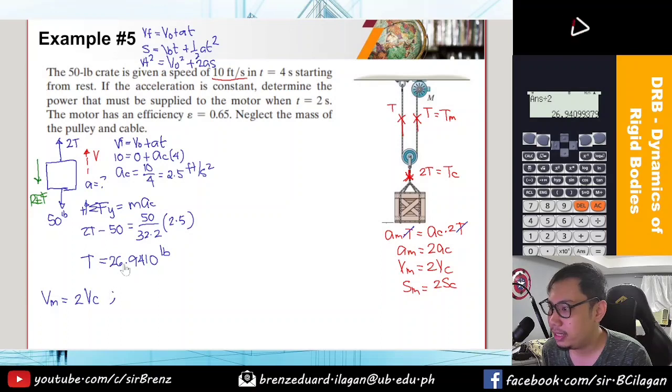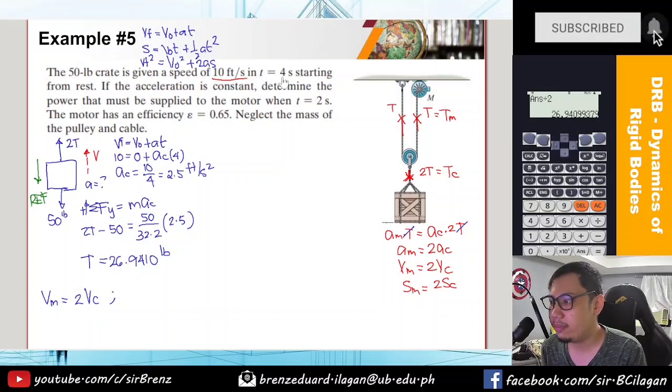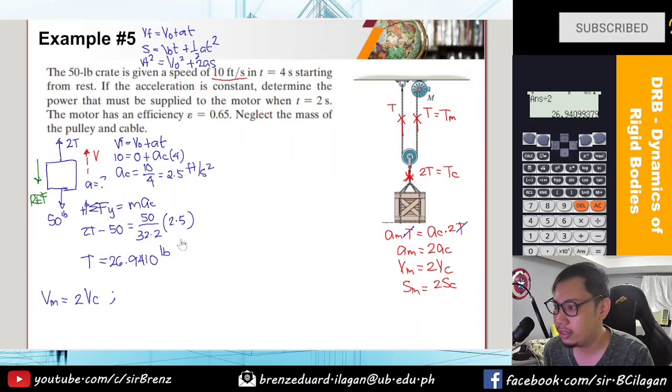Therefore, we cannot use the 10 feet per second, because that velocity is given during the time of 4 seconds. So we need to take a new time, which is 2 seconds.